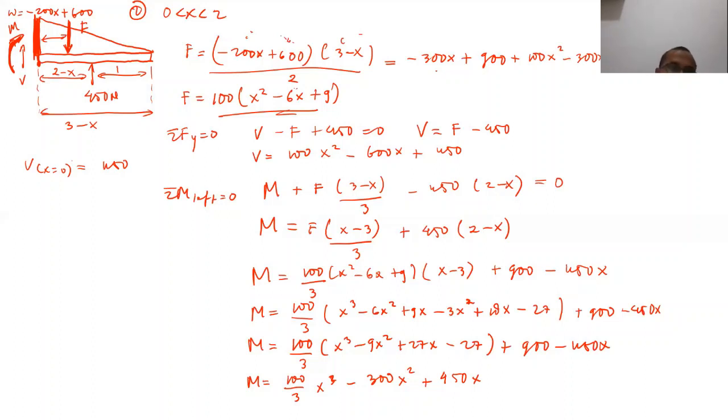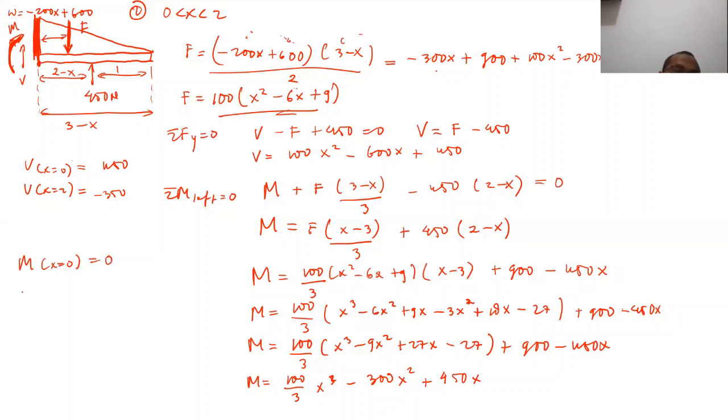And at x equal to 2, the value of V there will be 400 minus 1200 minus 350. Okay, and then the moment at x equal to 0, the value will be 0.